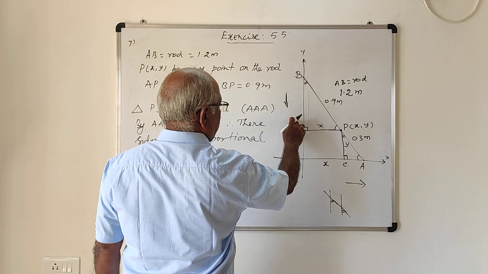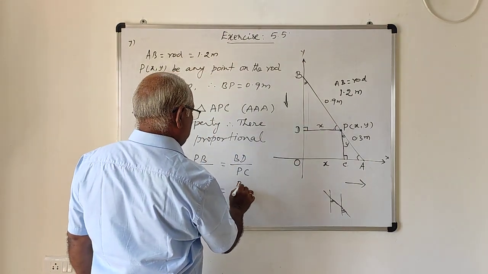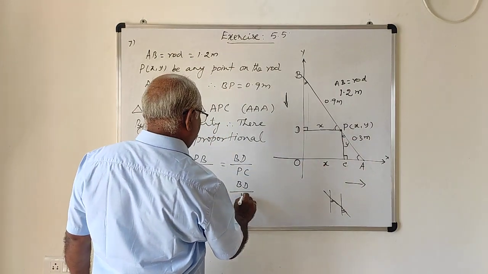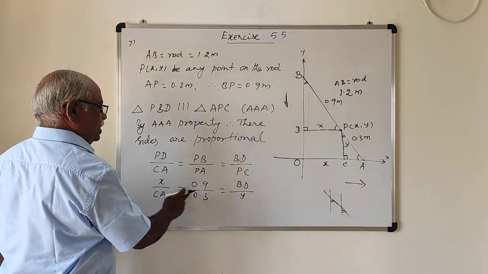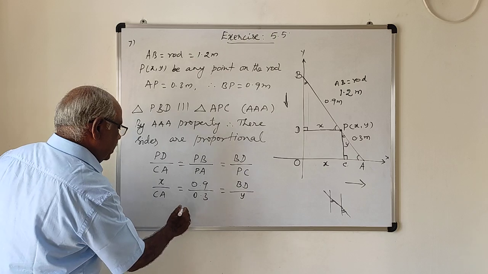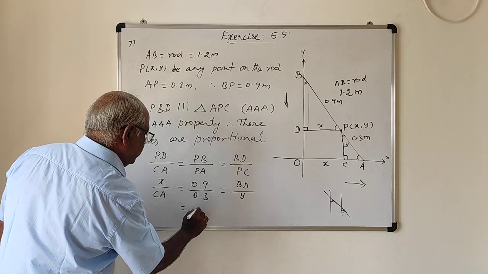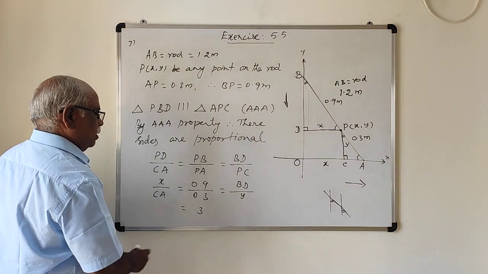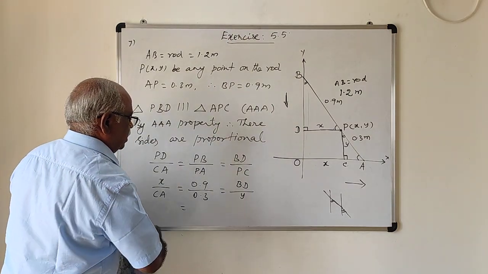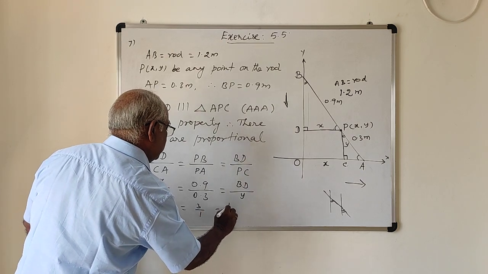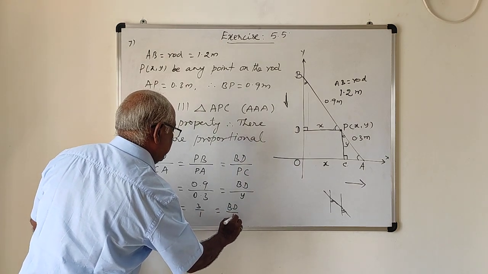For this BD we don't know, but PC we know, it is Y. So comparing with the two unknowns CA and BD, 0.9 by 0.3 is 3, 3 by 1 actually. 3 by 1 equals BD by Y.